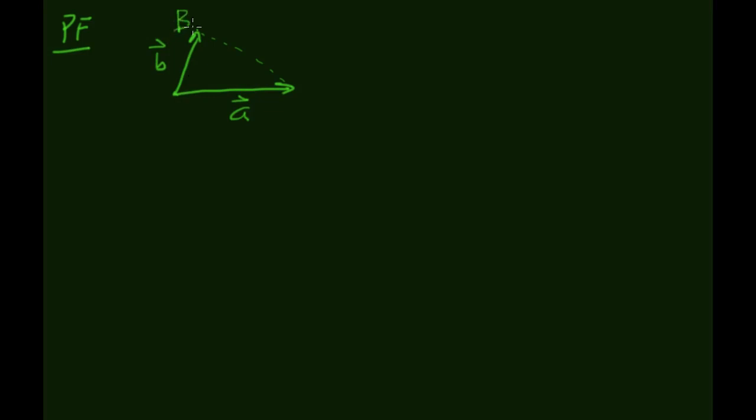We'll call this point B, point O, point A. This is our angle theta, which means that this vector, the one going from B to A, is going to be the vector A minus B. You might need to look back at your notes on vector subtraction, but that should be fairly straightforward.